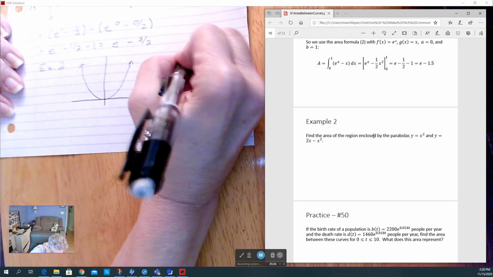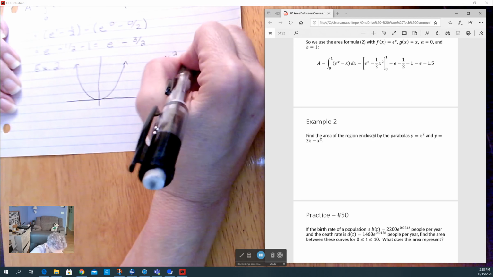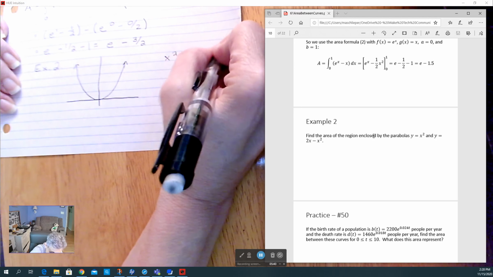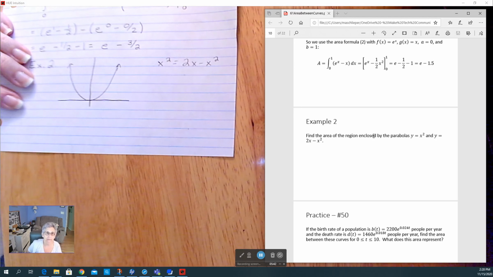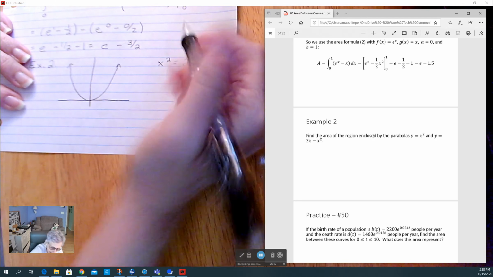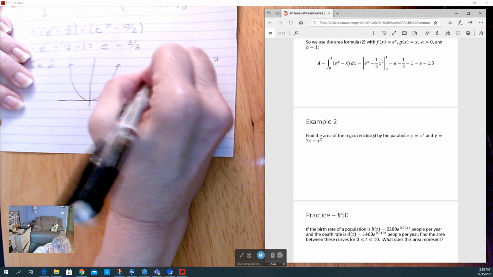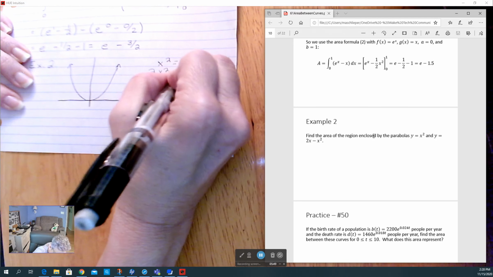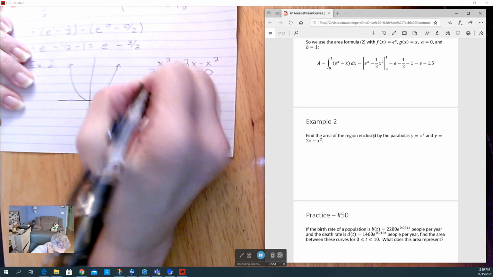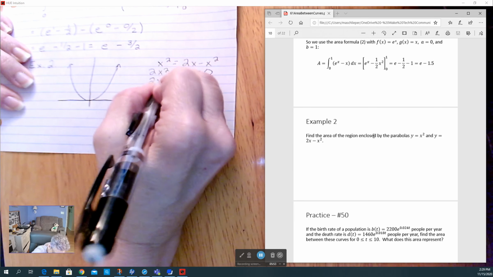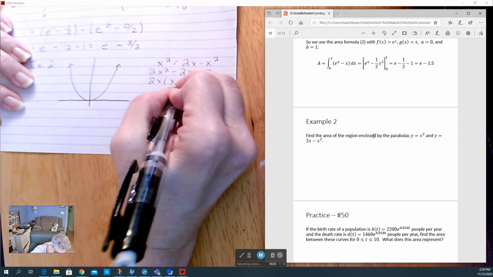So x squared is equal to 2x minus x squared. Well, I'm going to add x squared to each side, subtract 2x from each side, then I can factor out 2x.